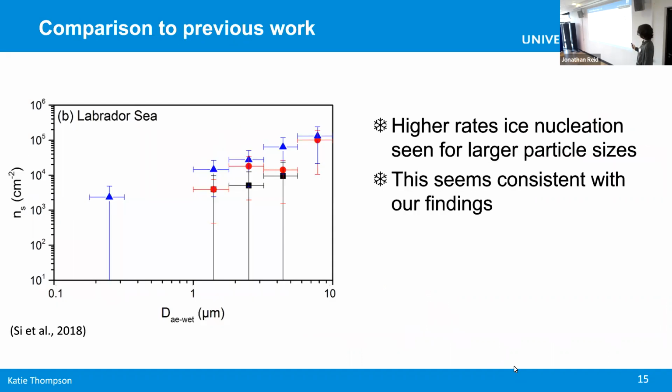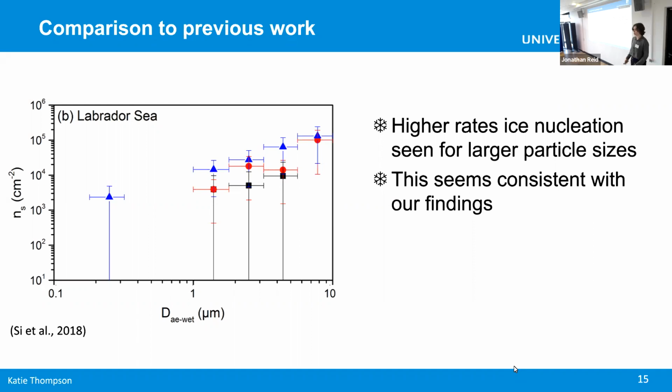So I decided to just quickly compare this to some previous data. This is based on some work by C et al. in 2018. I think this is only based on one sample collected in the Labrador Sea, but this shows the NS values, which is the number of active sites for nucleation normalized by the surface area, with diameter. And you can see that there's an increase in that ice nucleating activity.